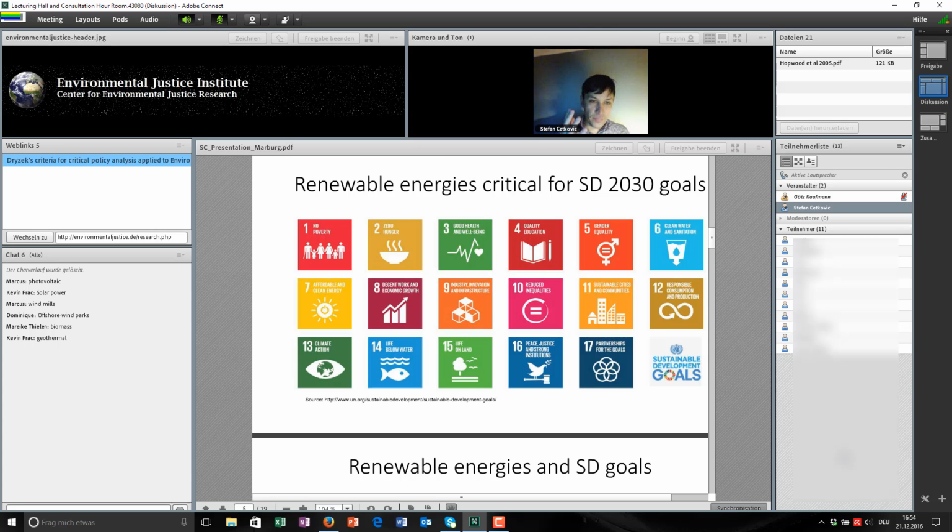We have affordable and clean energy, decent work and economic growth, innovation, infrastructure and industry, protection of life on land, protection of life below water, climate action, so actions to combat climate change. There's also another goal to promote responsible consumption and production. So these are all pointed out as key goals that the global community should aim for.